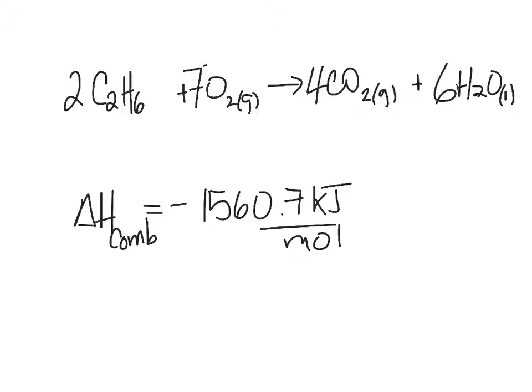So we can change our chemical reaction into a thermochemical reaction by putting our heat change for this reaction in the chemical equation. Which side will it go on? Nimra?